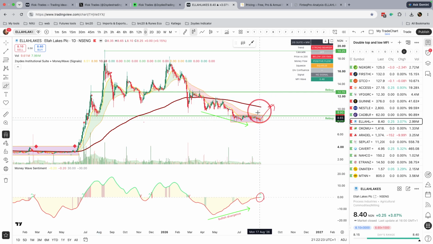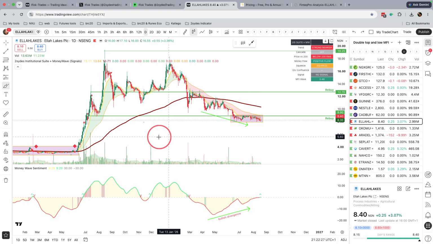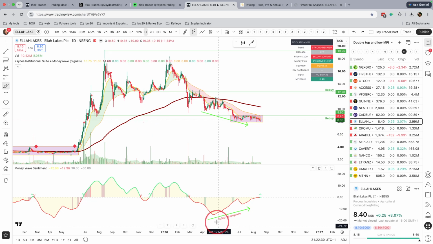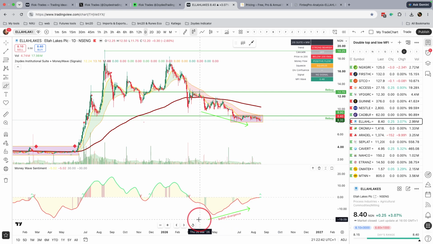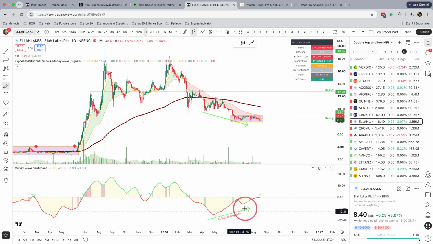The second reason why I'm optimistic about Ellah Lakes technically is this divergence right here. What does divergence mean? A divergence just means that price action is doing one thing and an oscillatory component is doing another thing. We were using money wave as an oscillatory component, and you can see it going upwards, whereas prices is going downwards.